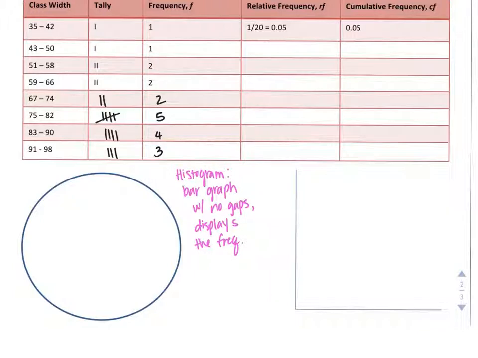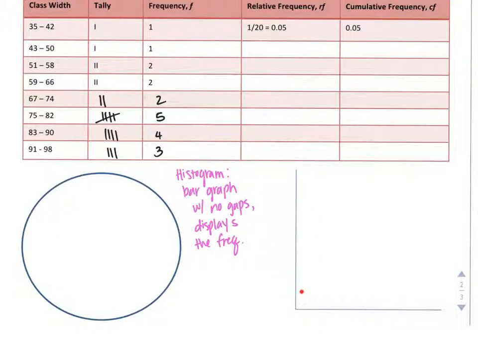Okay, so what we have to do to make our bar graph here is first probably look at our frequency and the range of our frequency. If you look at this frequency column here, the smallest number is 1, whereas the biggest number on here is 5. So you typically will graph your frequency on the y-axis.